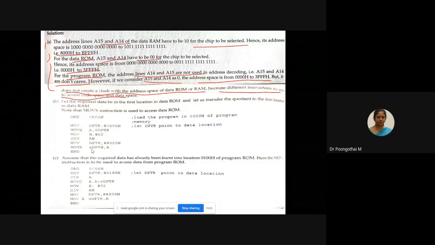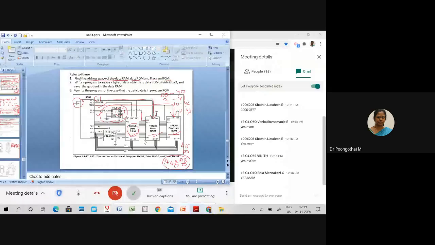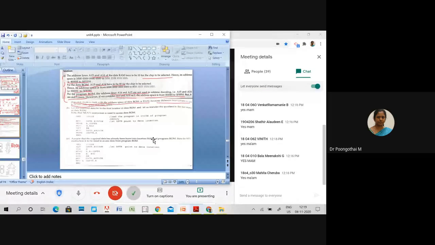Get the data and move the data into the accumulator using the MOVX instruction, divide that value by 2, and store your quotient in the data RAM. The starting address of data RAM is 8000, so you make DPTR 8000 and move that value to 8000. Is that clear? It's a very simple logic, but you carefully note down your address range. Based on the address range, you have to transfer your data from one IC to another IC.